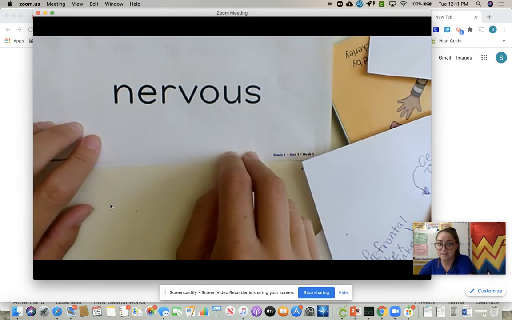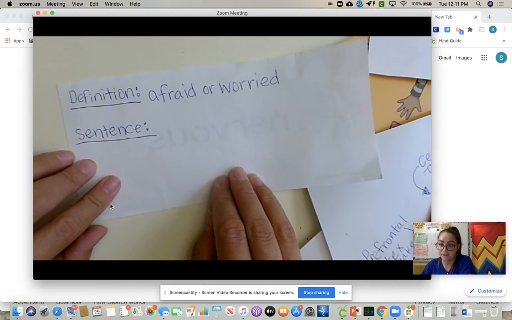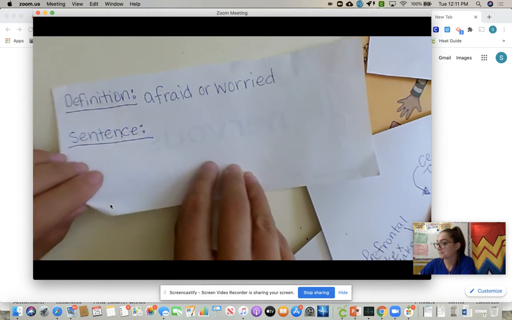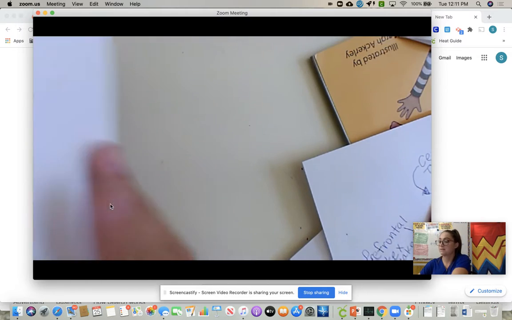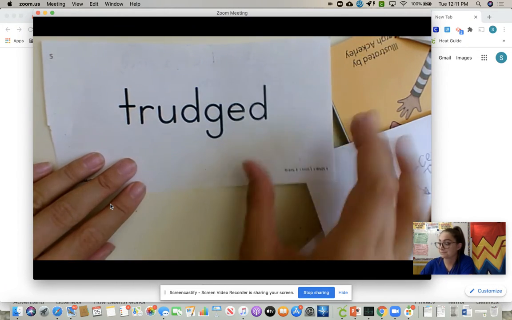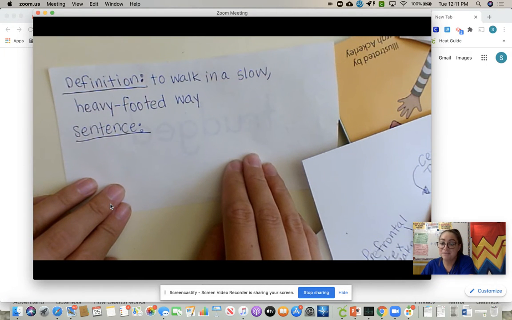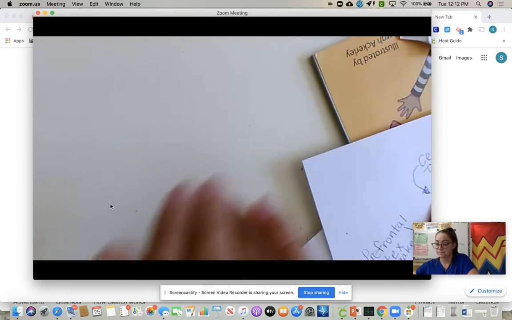We have nervous, afraid or worried. We have trudged, to walk in a slow, heavy-footed way.